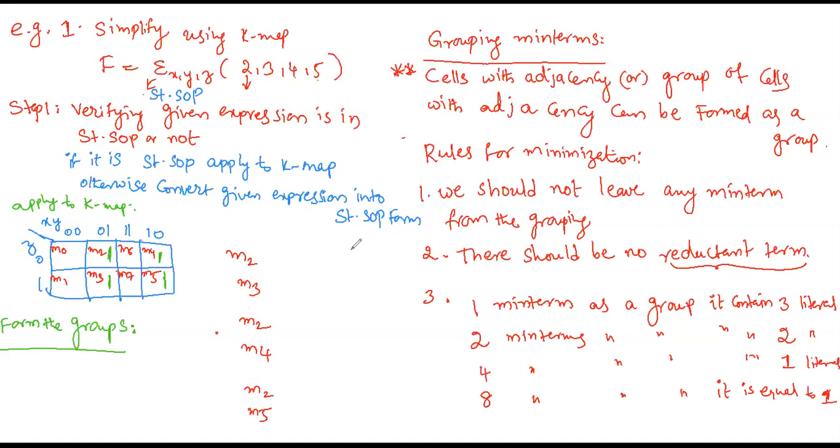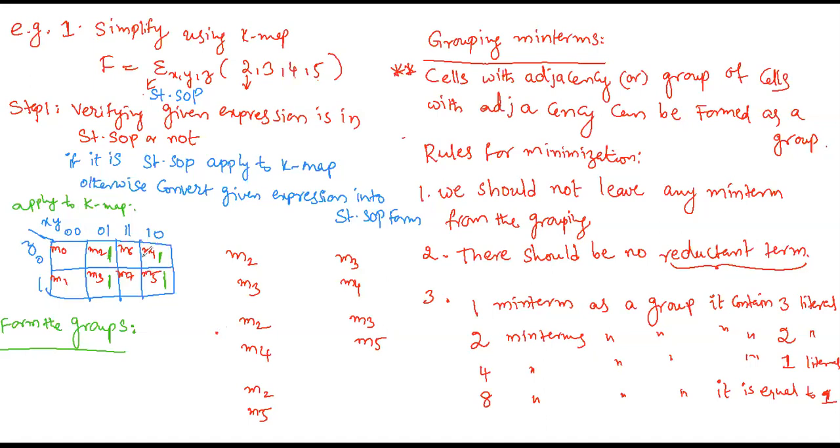Next with M3, M3, M4, M3, M5. M3, M2 is already there, so I am not writing it.